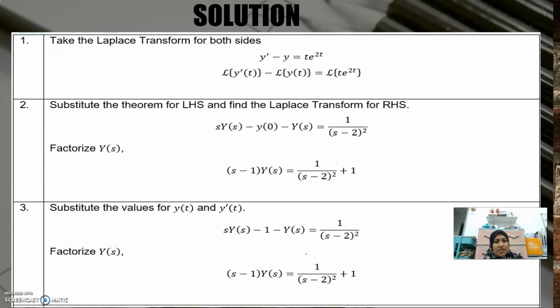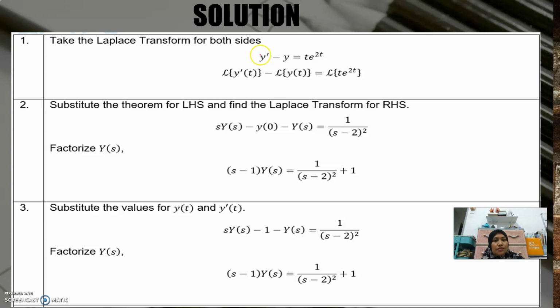Okay, how to do this? By referring to the steps just now given to you, the solution you can refer to the steps. Step number 1, take the Laplace transform for both sides. The question is y prime minus y is equal to t e to the power of 2t.